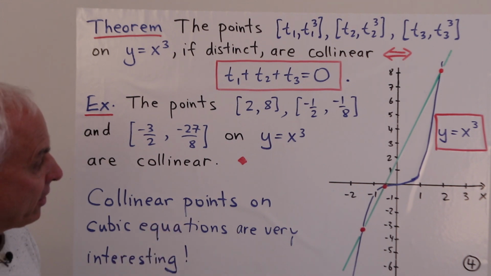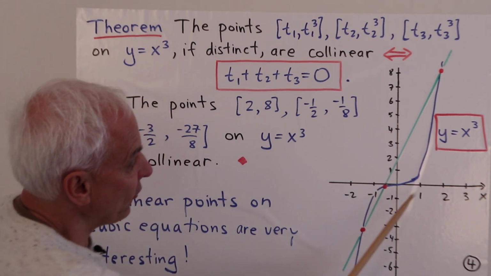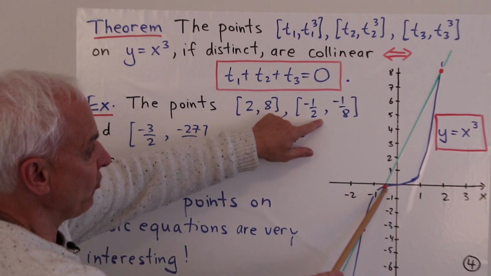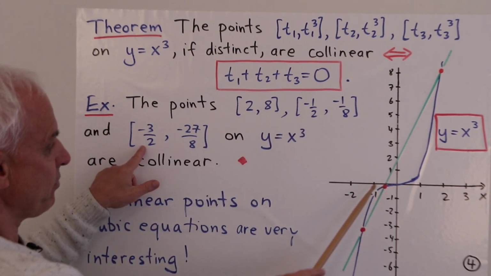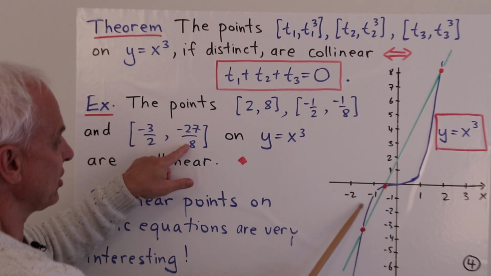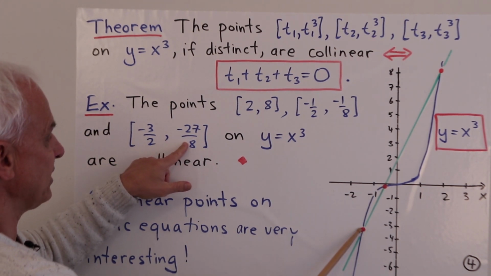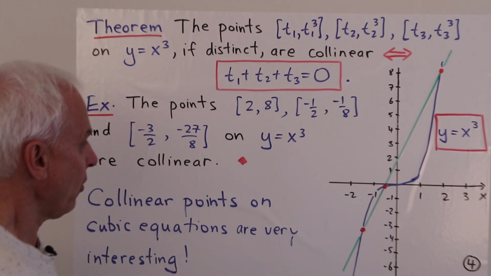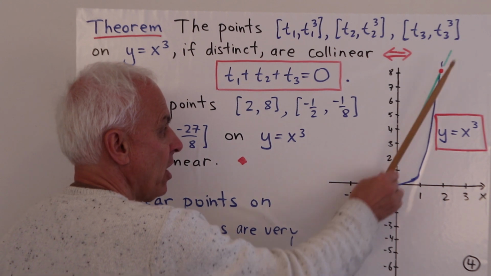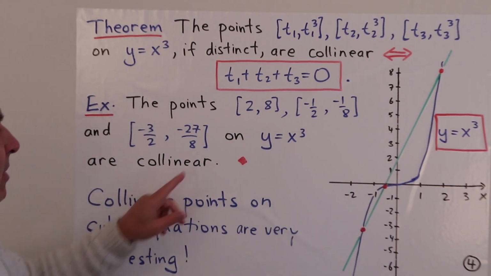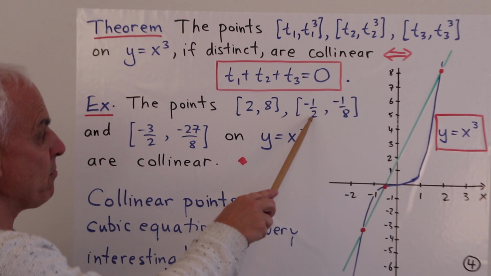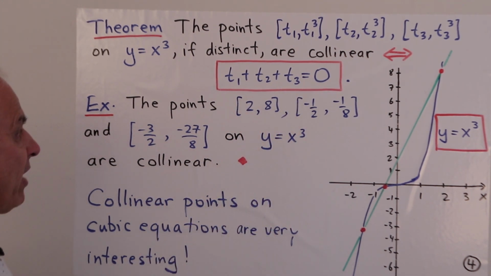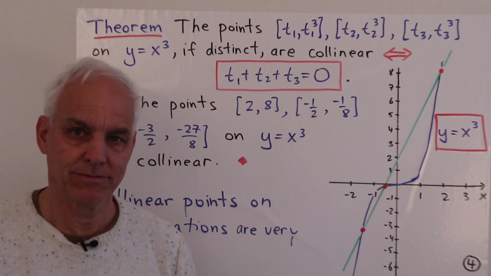So for example, here in this diagram, we see the points 2, 8, and here's the point minus a half, minus 1/8, and here's the point minus 3/2, and its cube, minus 27 over 8, somewhere between 3 and 4. So these points on the cubic are in fact collinear because the sum of the parameters, which are just the x-coordinates, 2 plus minus a half plus minus 3/2, is in fact 0.